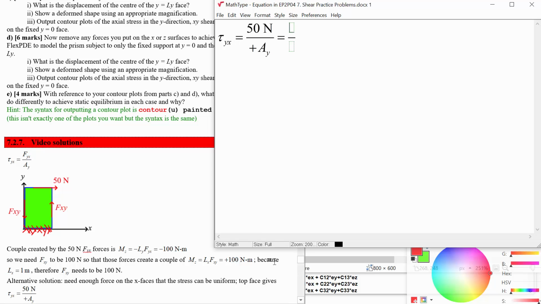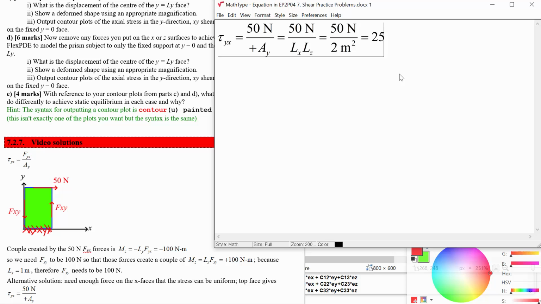And the area of the y face is Lx times Lz out of the page, right? And Lz is 2 meters, so this is 50 newtons over 2 meters squared.